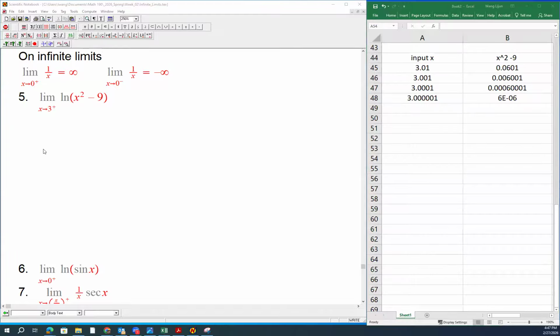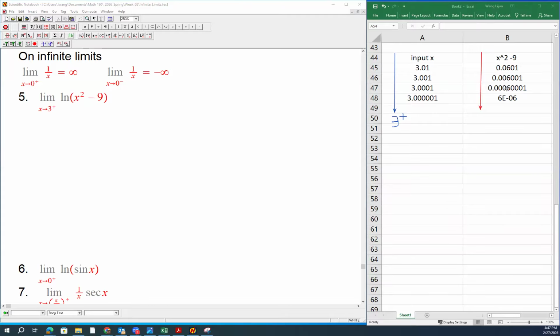As you can see, the input is getting closer and closer to 3 from larger than 3, and the output is getting closer and closer to 0 from larger than 0.